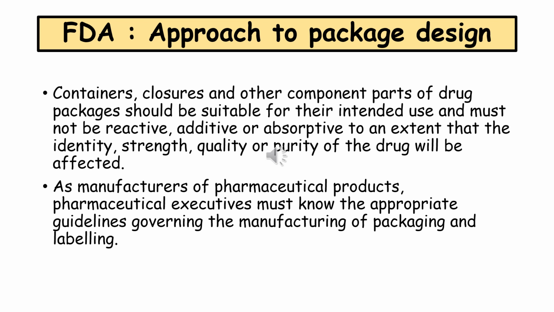Like ointments and creams, the suitable container for packaging is the collapsible tube. Then for parenteral preparations, ampoules and vials are used. So the containers and closures that are used to pack the pharmaceutical formulation should be the suitable ones, and these packaging materials should not affect the identity, strength, quality, and purity of the drug.